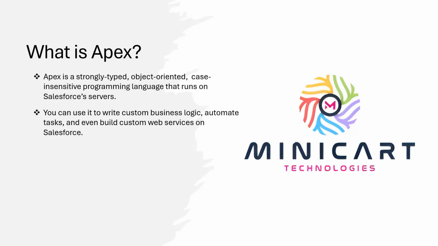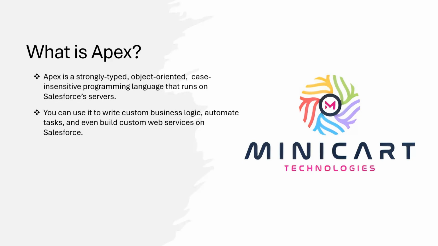Salesforce. When you are using Apex, you can build your custom business logic. For example, as per client requirement, you can use Apex to build your custom business logic. Automate tasks means you can write a condition like when this is true, execute this, and when it is false, execute the else part.